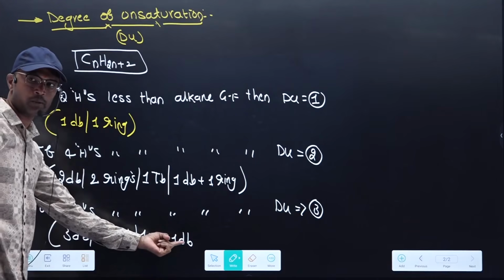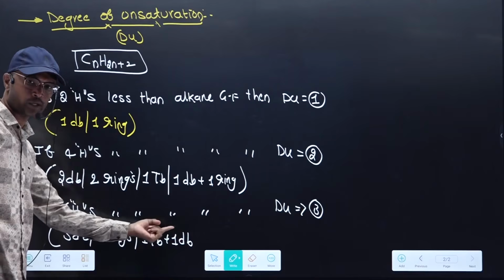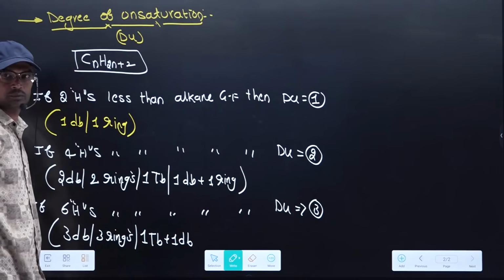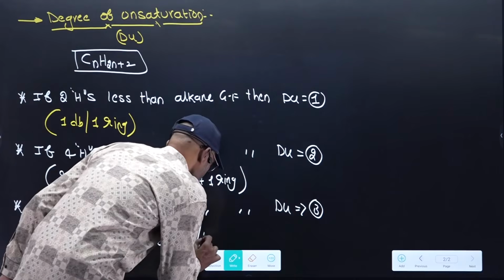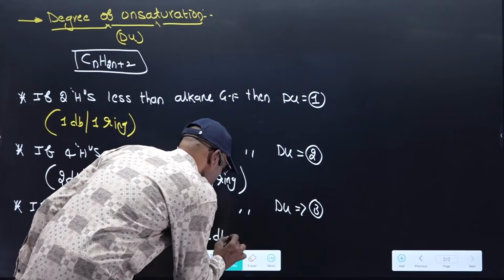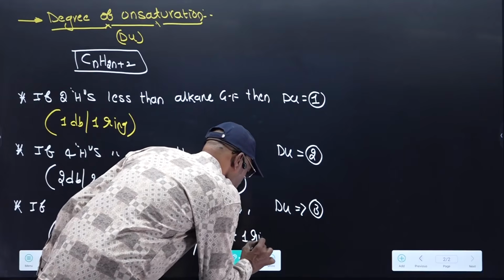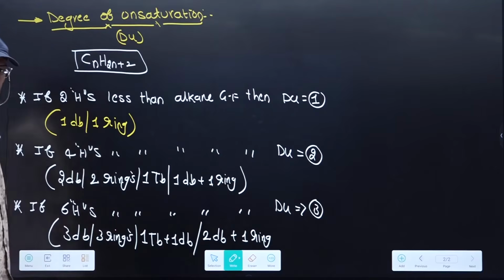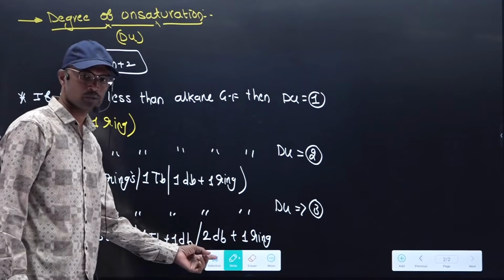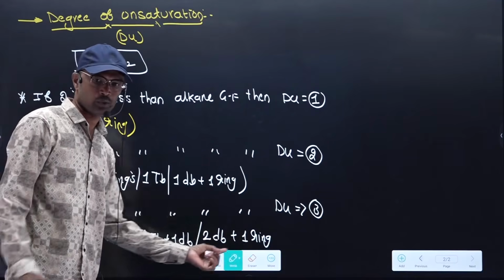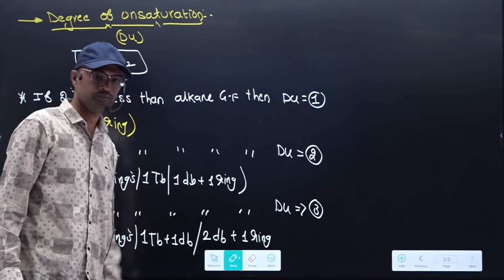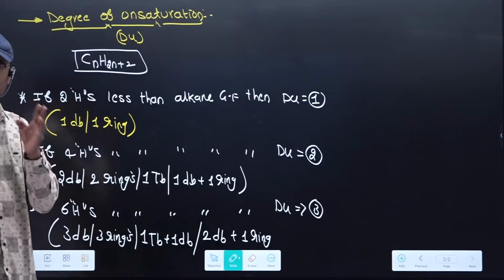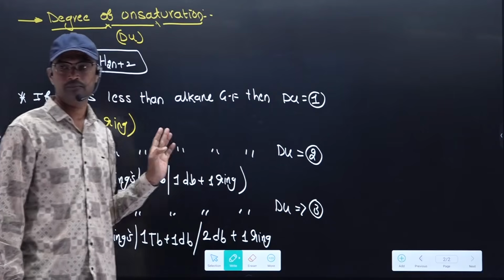In a double bond, how many pi bonds? 1. 2 plus 1. Can I write 2 double bonds plus 1 ring? Possible? 2 double bonds means 2 pi bonds. 1 ring means 1 DU. 2 plus 1, 3. The total number of pi bonds and rings should reach up to 3. Clear?